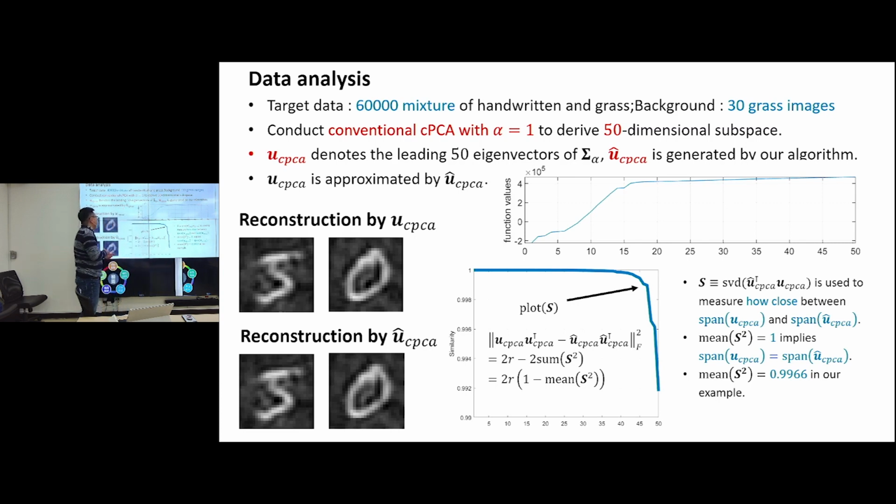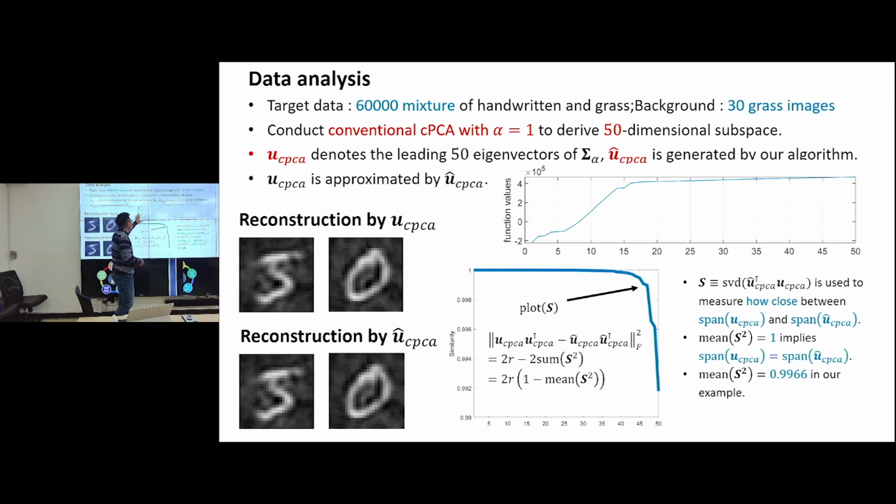Because it is not high dimensional, first we can solve the eigenvectors directly. This is denoted by U CPCA, and we can also use our algorithm to derive U hat CPCA. U CPCA is approximated by our U hat CPCA, and as you can see, this is the reconstruction by U CPCA, and this is the reconstruction by our algorithm.